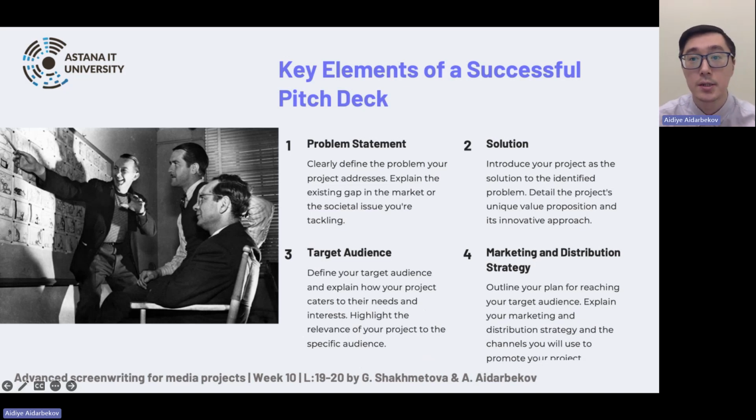The next one is solution. Introduce your project as a solution to the problem. Detail the project's unique value proposition and its innovative approach. Here, through showing the case of how you will resolve any problem, how your audience will be satisfied with your project, your uniqueness, your innovative approach.